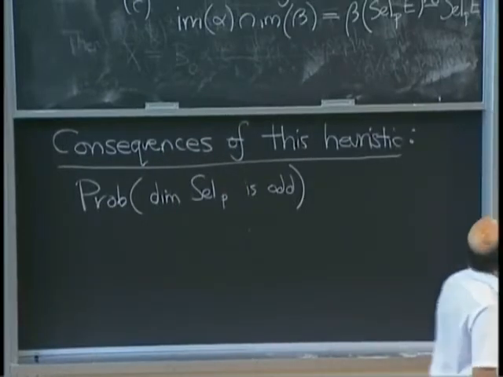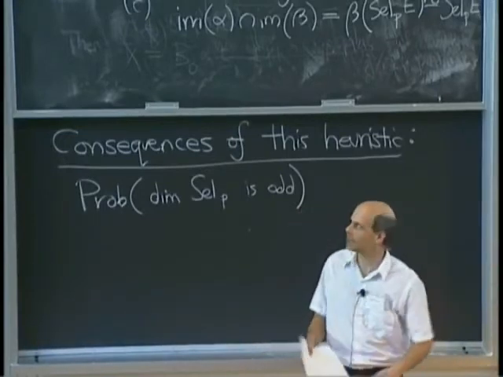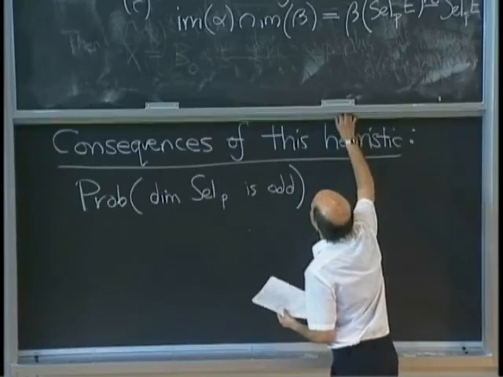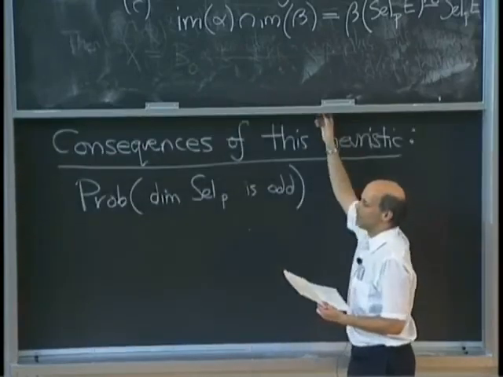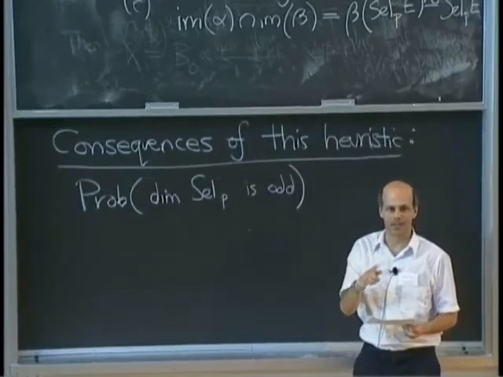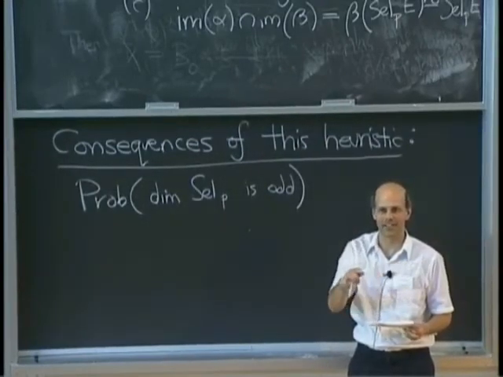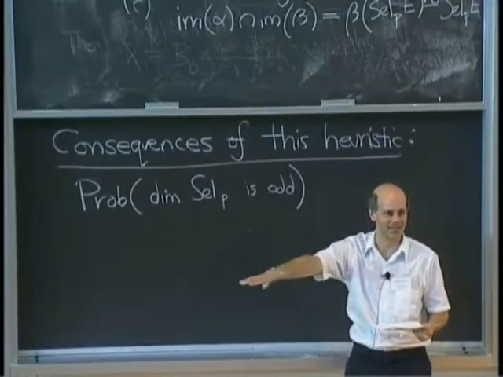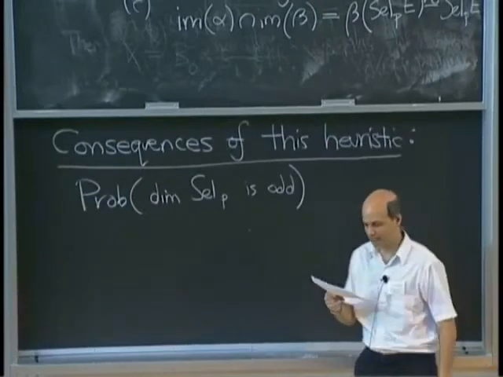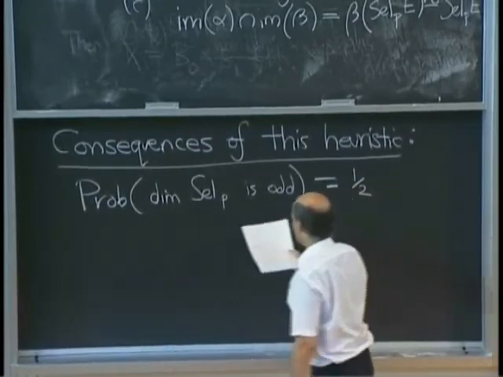And that comes from this alternative description as a sum of Bernoulli random variables. If you look at the first Bernoulli random variable in that infinite sum, it was 0 or 1 with probability 1/2 each. And it doesn't matter what you add to it after that, because it's going to be evenly distributed with respect to odd and even. So this is 1/2. Well, that's not a very surprising heuristic.